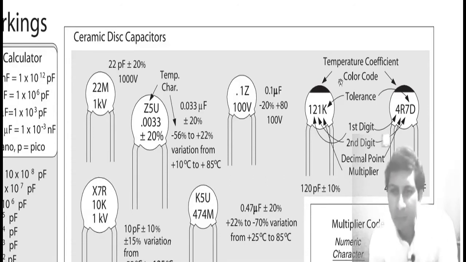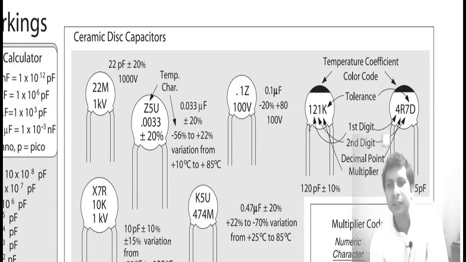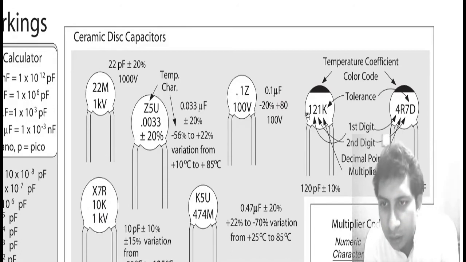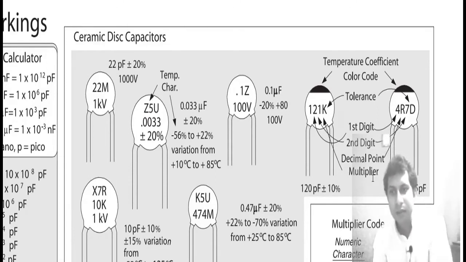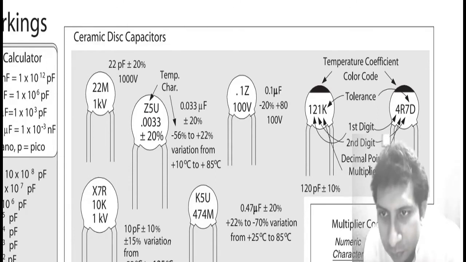For example, this 121K is written: 1 is the first digit, 2 is the second digit, and then this 1 is a multiplier or decimal point.